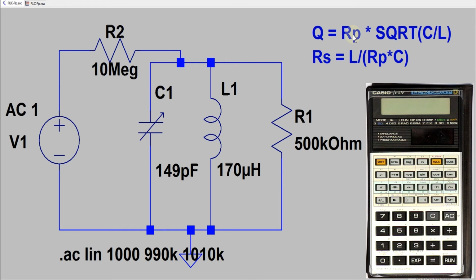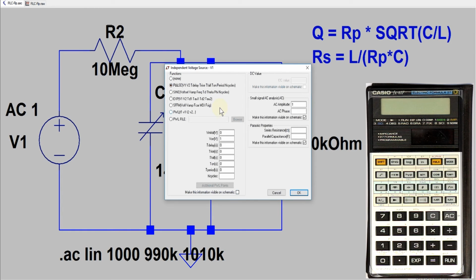But now we make a second simulation, and that is just the second method of determining Q factor. This time we use a pulse, a square wave pulse shape with 1 volt.